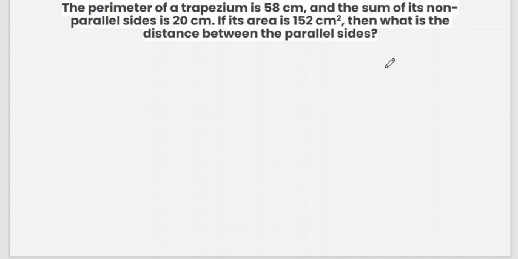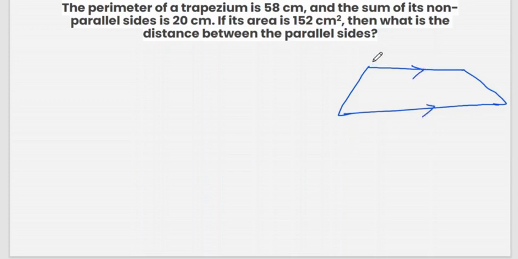Okay, so let me draw a trapezium. Suppose this side is parallel to this side, and I am taking the lengths of the parallel sides as A and B, and the other sides as C and D. If somebody has given me the perimeter, what is the perimeter of the trapezium?